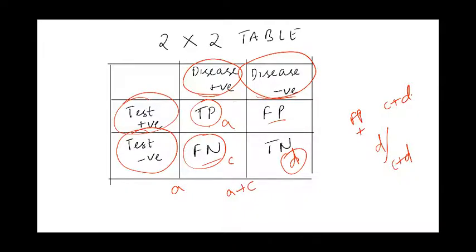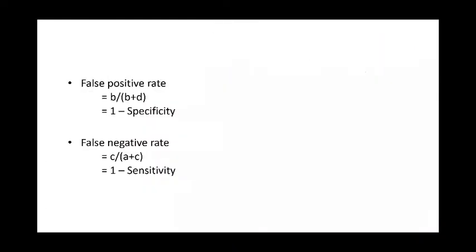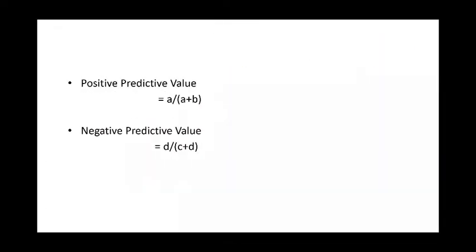The total number of patients who test positive with the test is true positives plus false positives. However, only the true positives have the disease, that is, A out of A plus B. So positive predictive value is A by A plus B. Similarly, negative predictive value would be true negatives by the total population which has shown negative with the test. So it will be D by C plus D.